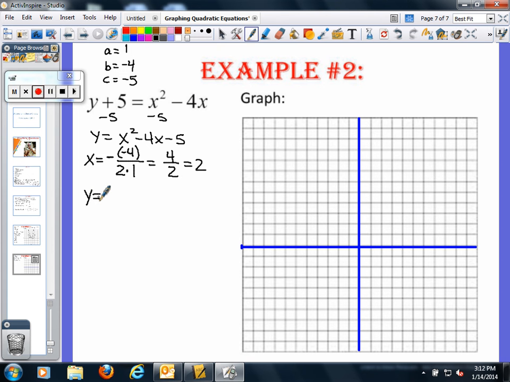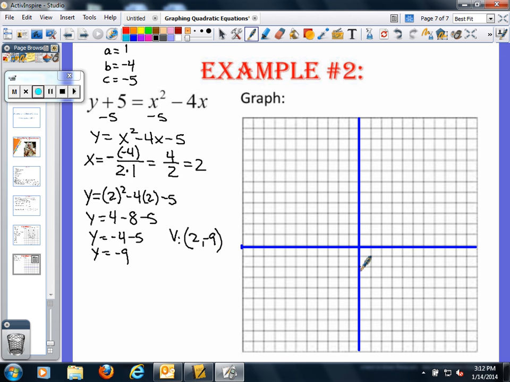And that means that for y, I'm going to plug this into my standard form. So this is 2 squared minus 4 times 2 minus 5. This is 4 minus 8 minus 5. This is -4 minus 5, which is -9. So that means my vertex is going to be the point (2, -9).